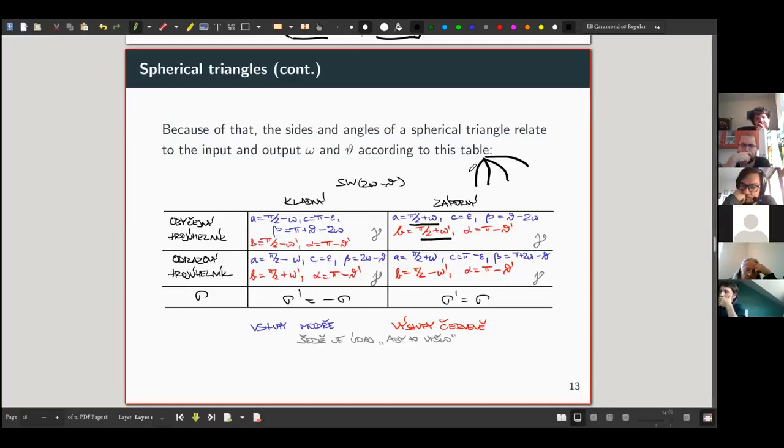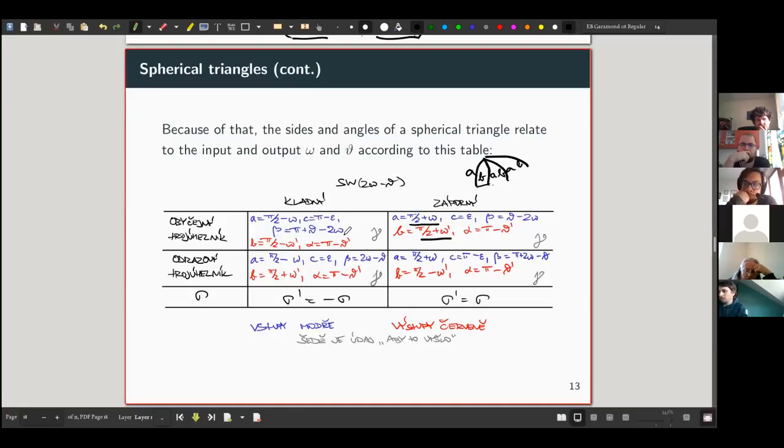So here it would be the side A for one triangle, and here the side B for the same triangle. But since the side A for the next triangle in sequence, for the next step, is in exactly the same form, then we can also say that this is the side A in the next triangle. So those triangles can be chained in this nice way.